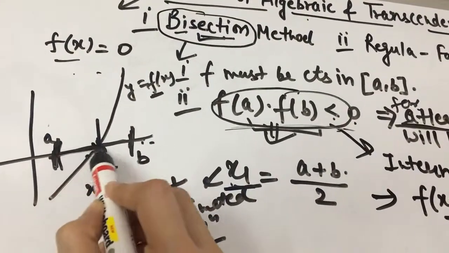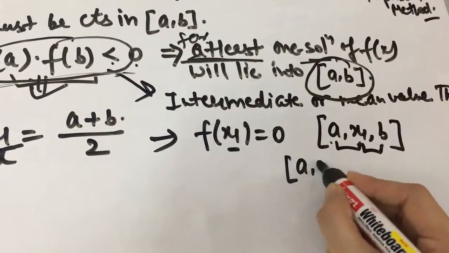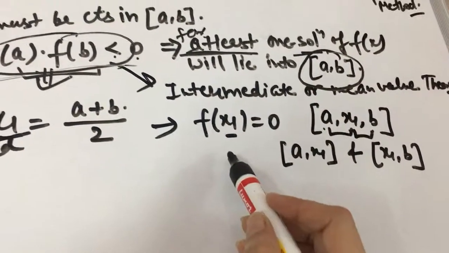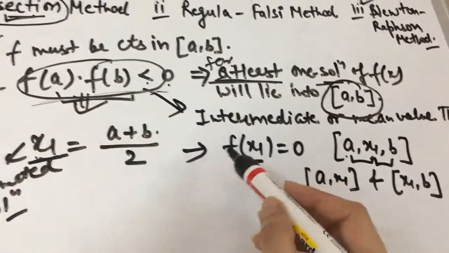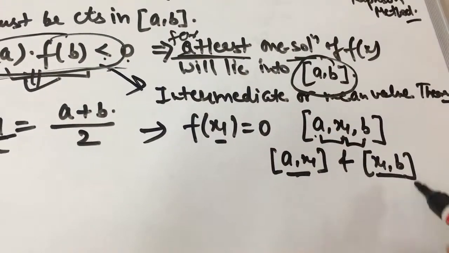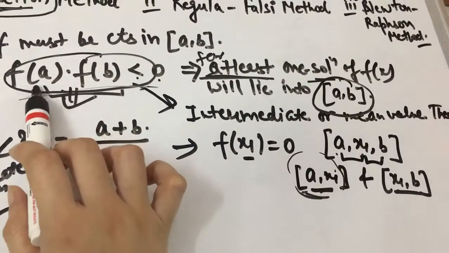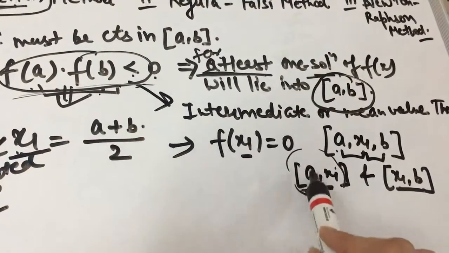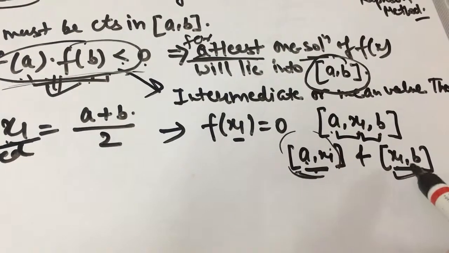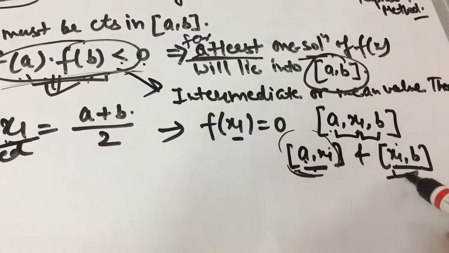One is A to x1 and second is x1 to B. So now we will see that root of this equation f(x) equal to 0 will lie either in this interval or this interval. If for this interval function satisfies this property, then root will lie in this interval. And if in this interval function satisfies that condition, then root will lie in this interval.